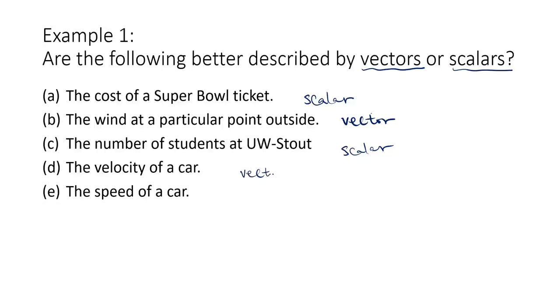It could go north, south, east or west. So this is a vector. And the speed of a car is just a number, right? So that's a scalar, like 50 miles per hour, 60 miles per hour. Okay, so that's the basics.